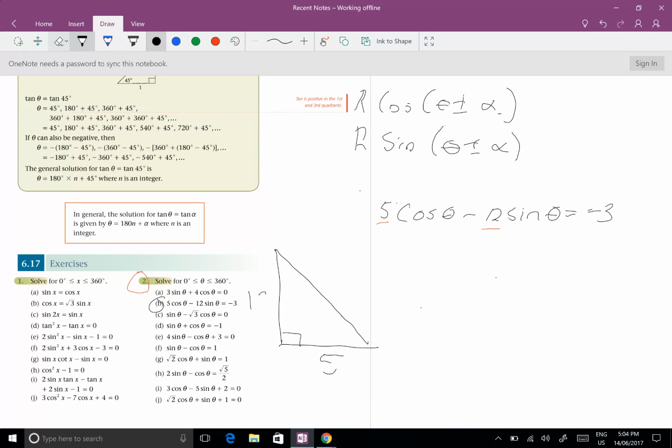I know it's not to scale, but that's not the point. Now we use Pythagoras to work this side out, and we get 12 squared plus 5 squared, which equals the square root of 169, which means we get 13.